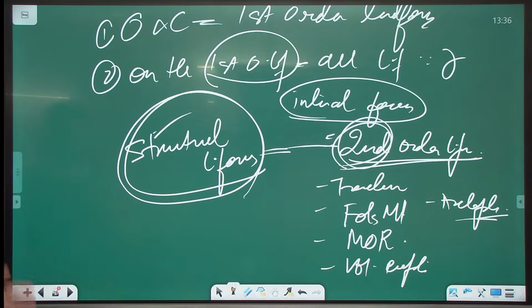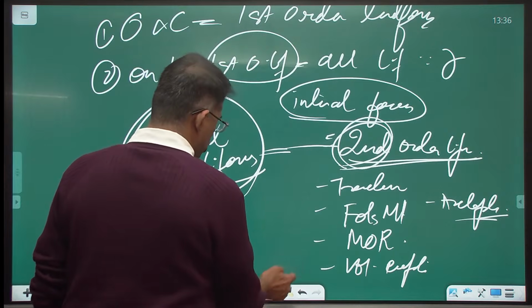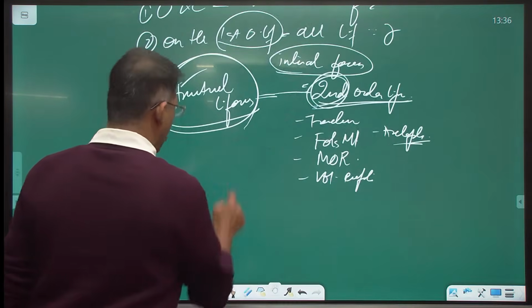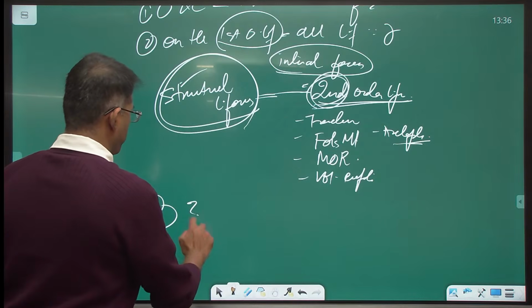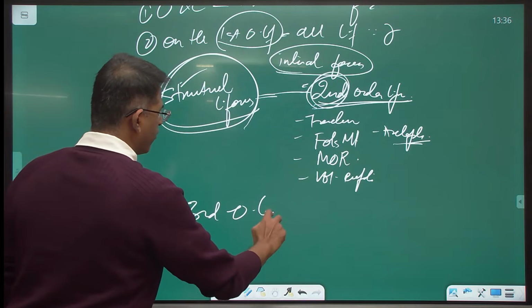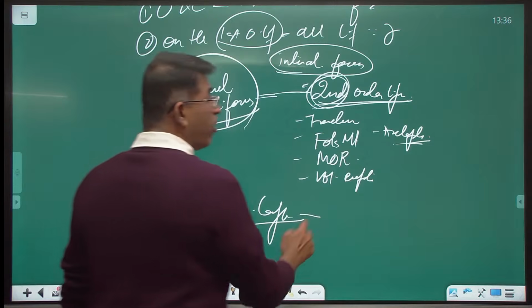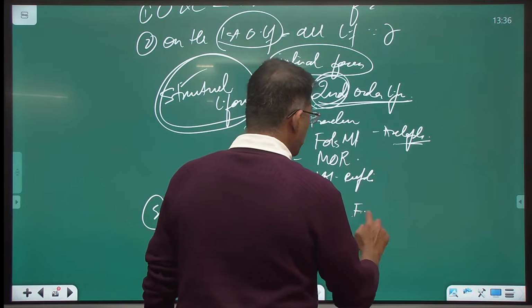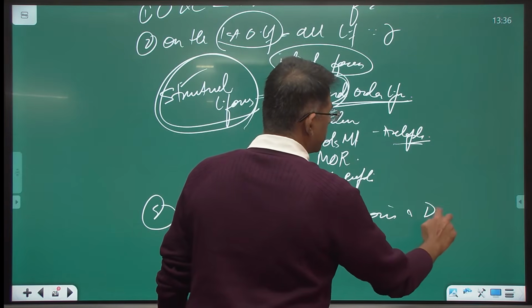एक और third level है, we don't need it for oceans, but you should know this. We have also third order landforms. These are landforms because of erosion and deposition.